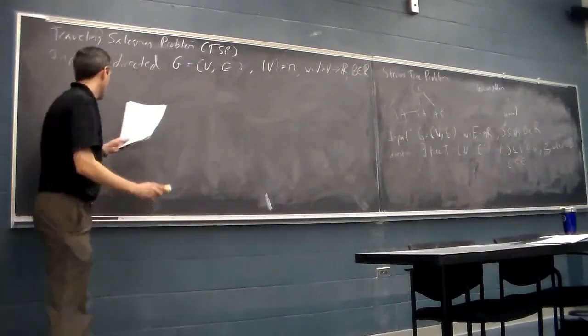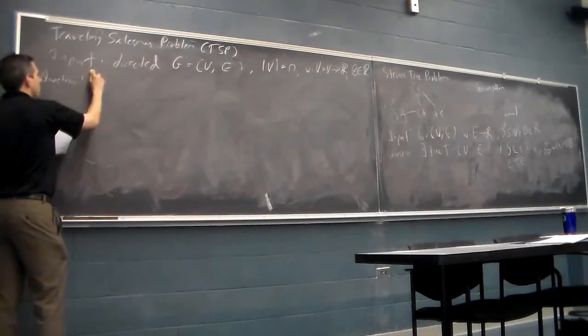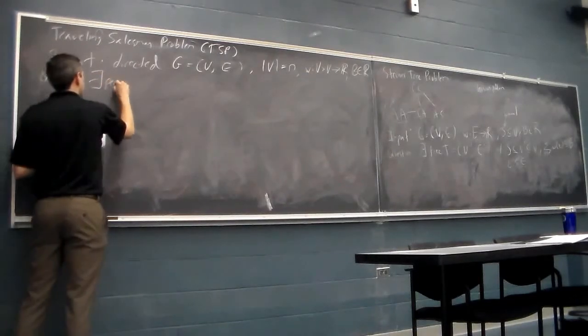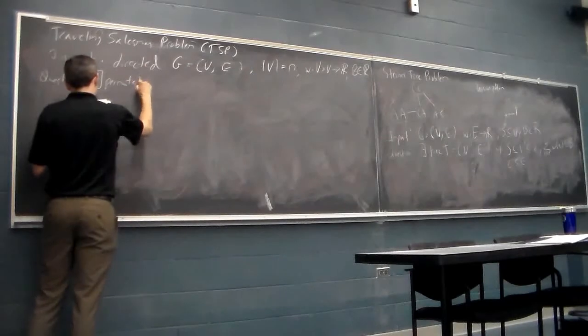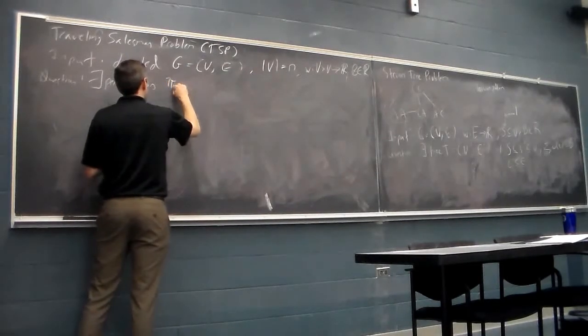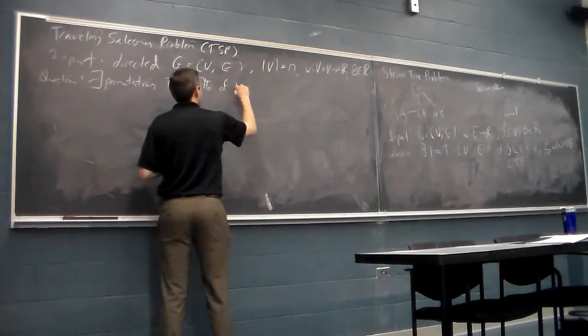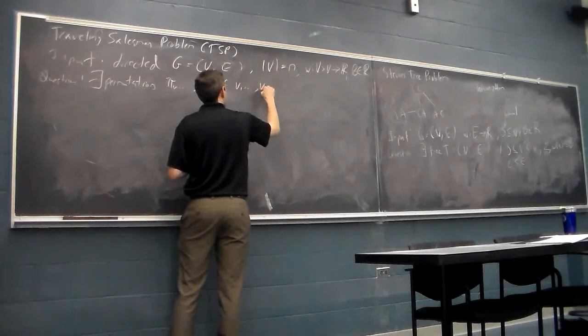And our question here is going to be, does there exist a permutation pi 1 up through pi n of v1 through vn?